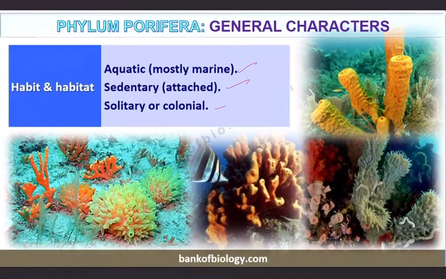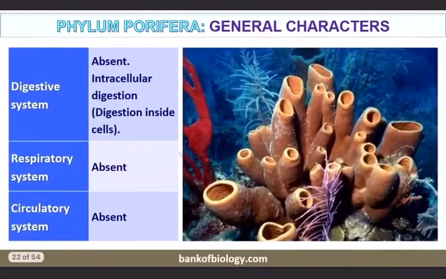And where do you see them? The habit and habitat: mostly they are aquatic, and some are in the sea, marine. Some are attached, sedentary, attached to the substratum, and some are solitary, and some are in groups, we say colonies.